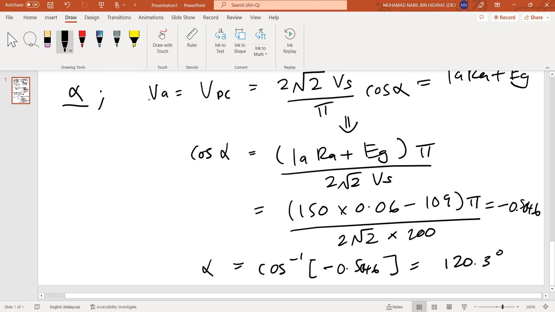So it confirms what we discussed yesterday: if your firing angle is within 90 degrees to 180 degrees, your speed will be in the negative region.